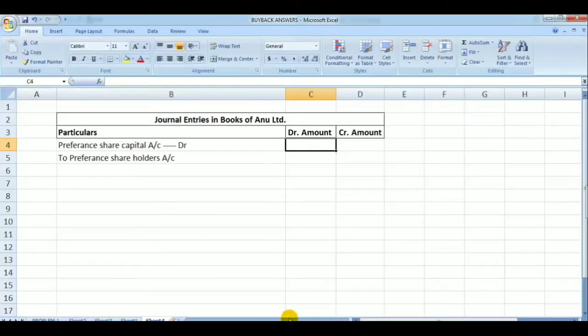I write 75 crores here and 75 crores here.